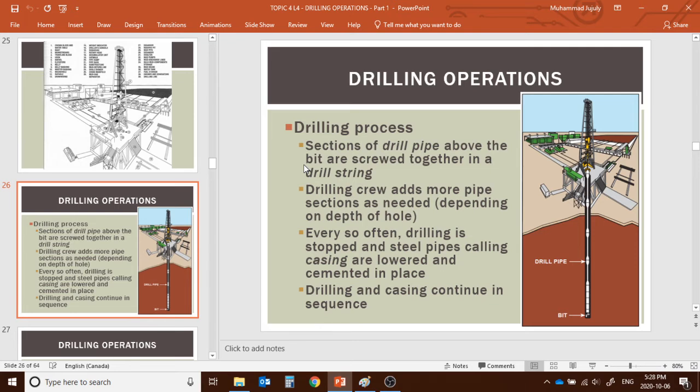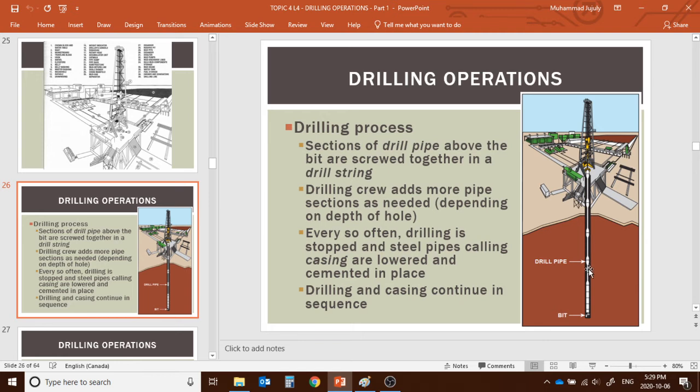Let's talk about the drilling operation, like the drilling process at first. What we do is screw the sections of drill pipe above the drill bit together into the drill string, and the drilling crew adds more and more pipes depending on the depth of the hole.